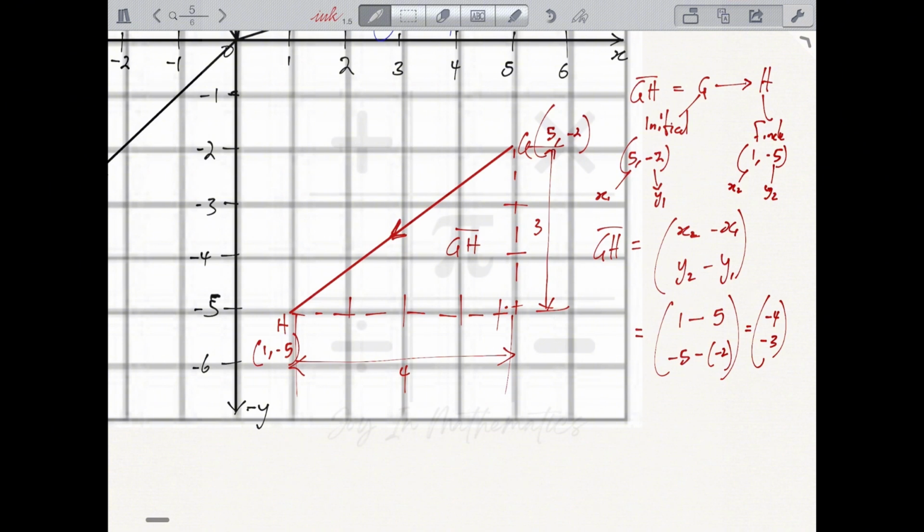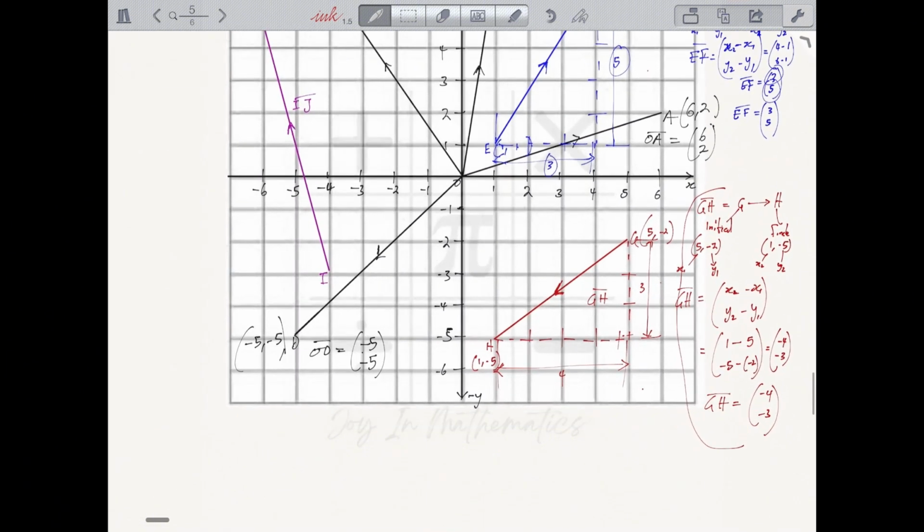So the x-axis, which has a magnitude of 4, going downward, makes it minus 4. In the y-axis we have a magnitude of 3, and since it is going downwards, it is minus 3. So the vector GH is simply minus 4, minus 3. Yes, so we are now familiar with the two methods: the long form, and the simple method to evaluate it.